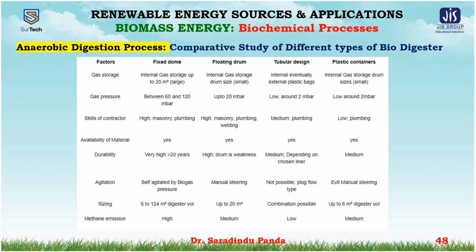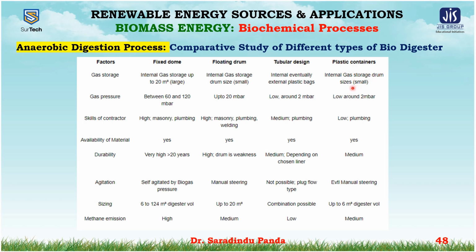Now, the comparative study of the different types of biodigester in a summary table. The gas storage in the fixed dome is internal gas storage up to 20 cubic meters. In the floating drum, the internal gas storage drum size is very small. In the tubular design, it is internal, eventually external, plastic bags.